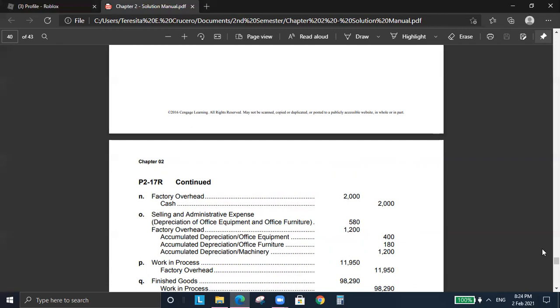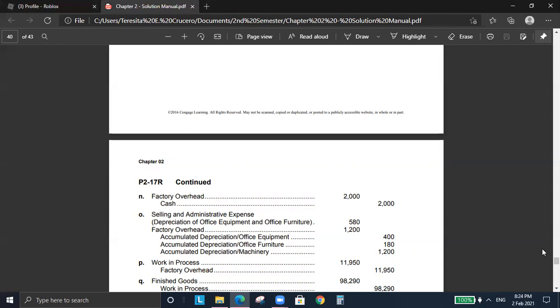Then in letter Q, we have the given data: work in process on October 31 is 31,000. Hint, the sum of the beginning balance in work in process plus the total charges to it during the period, less the ending balance in work in process, represents the cost of goods completed or manufactured during the period.